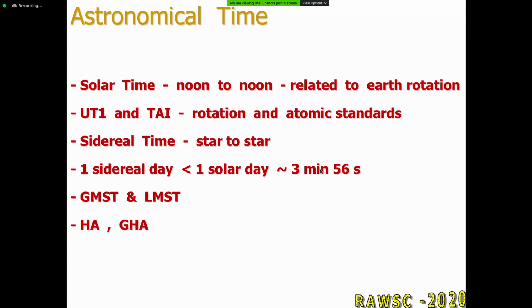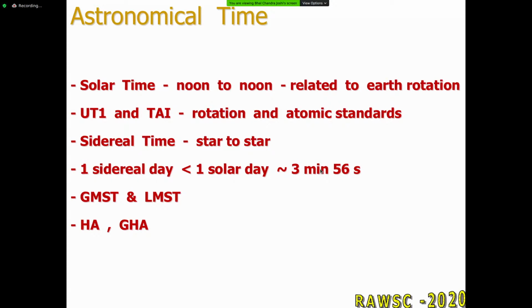So in other words, the sidereal time at a given place, say for example in Pune or Delhi or Chennai, is basically the right ascension of the star which is transiting at any given point of time. That is the sidereal time. Okay.